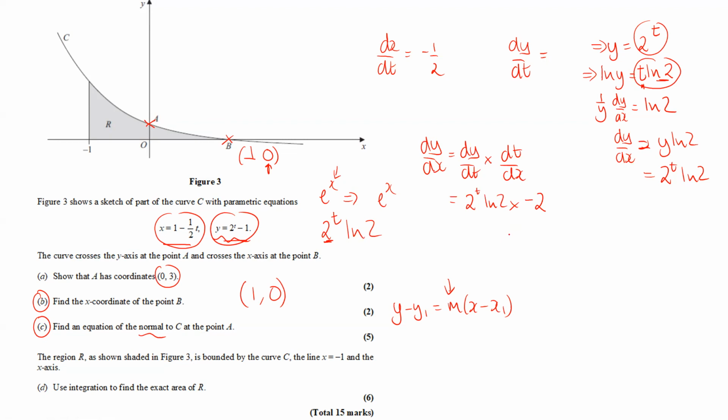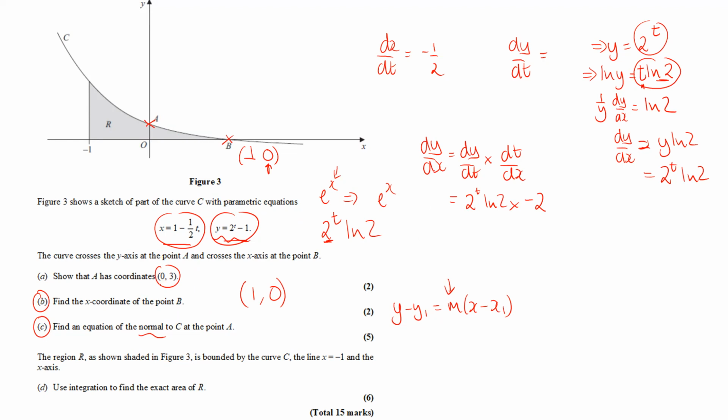So what we need to do is put in our t at the point A. What's our t? T was going to be 0 at A. We've got 0, 3.